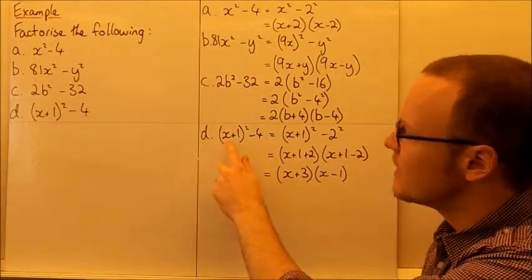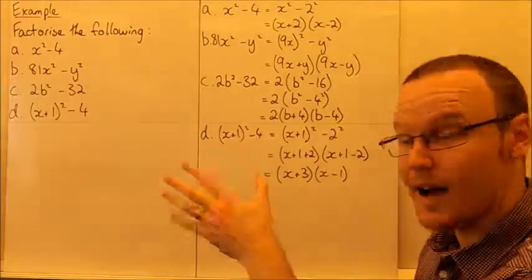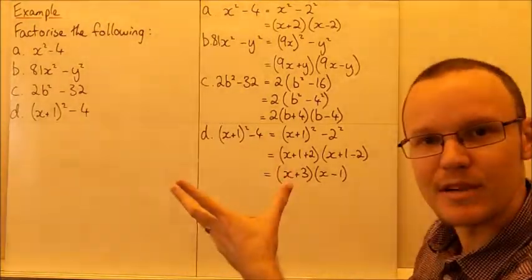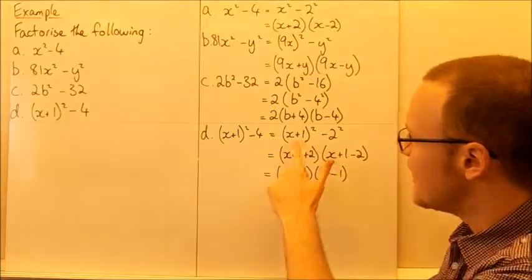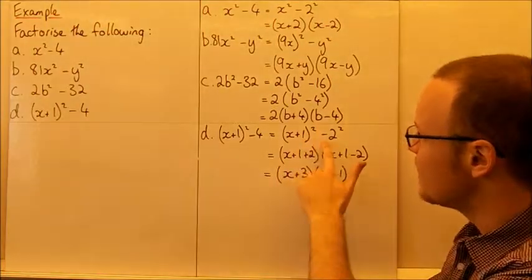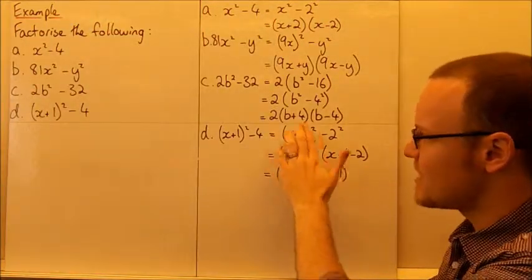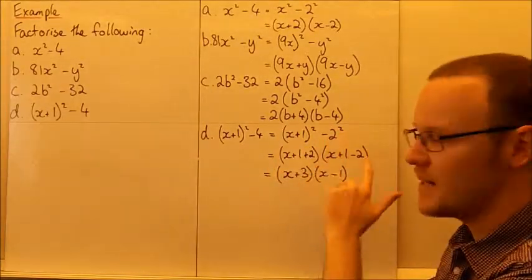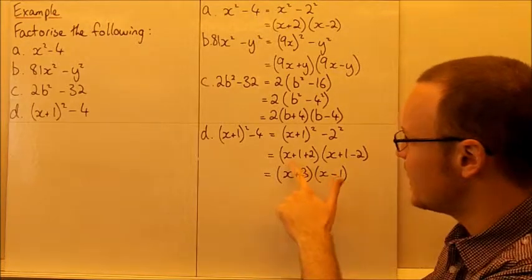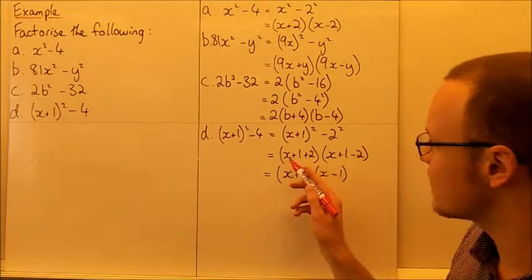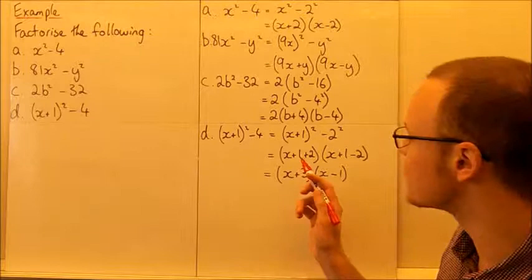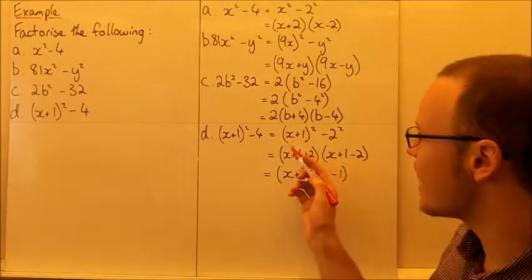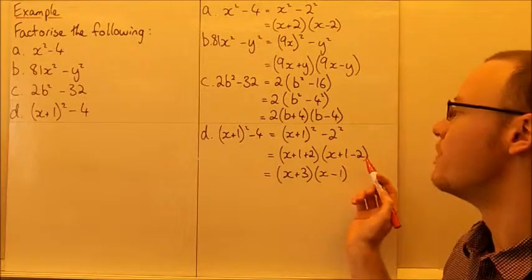Now, here we've got x plus 1, all squared, which is a perfect square, and 4 is a perfect square as well. It's 2 squared. So x plus 1 all squared minus 2 squared. So x plus 1 is our a, our first term, and our b is 2 there. So in factorising it and putting it in this form, x plus 1 plus 2 is the first term, and then x plus 1 minus 2.